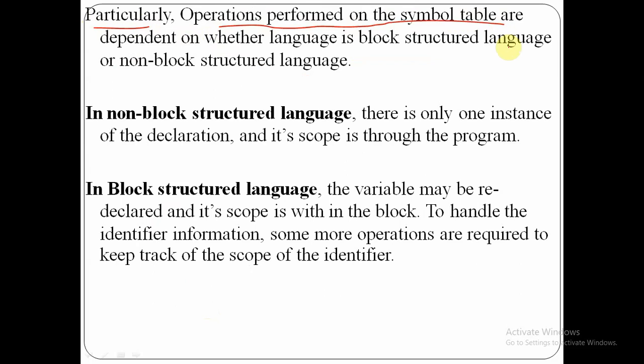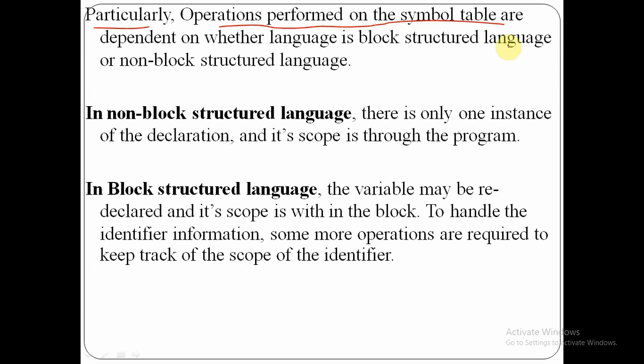In non-block structured languages, there is only one instance of declaration and its scope is through the program. That means the language doesn't contain loops, blocks, functions, classes, objects like that.